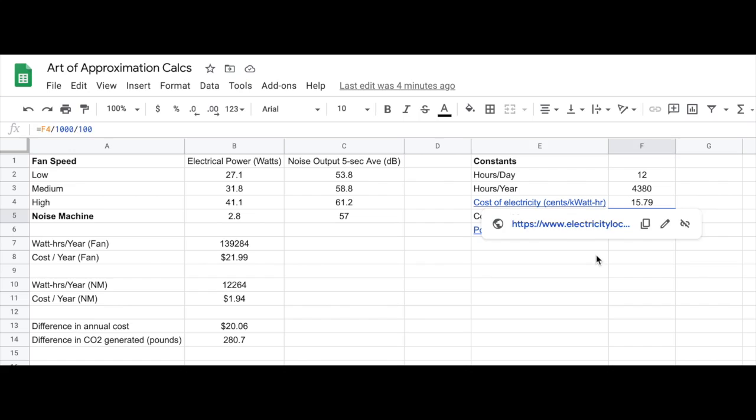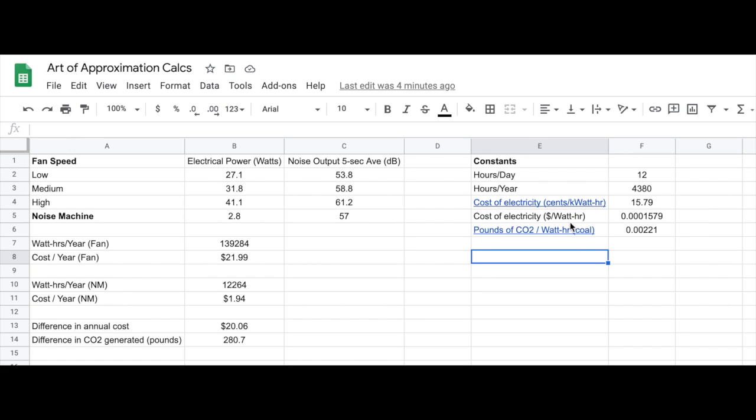And then to convert from cents to dollars, I had to divide by another 100. So that's what's shown here: I take this 15.79 cents, I divide by 1,000 to convert from kilowatts to watts, and then I divide by another 100 to convert from cents to dollars. And so then I have the dollar per watt hour, and that's what I need here.